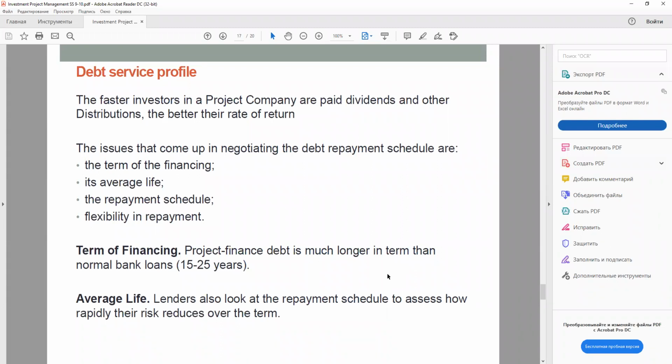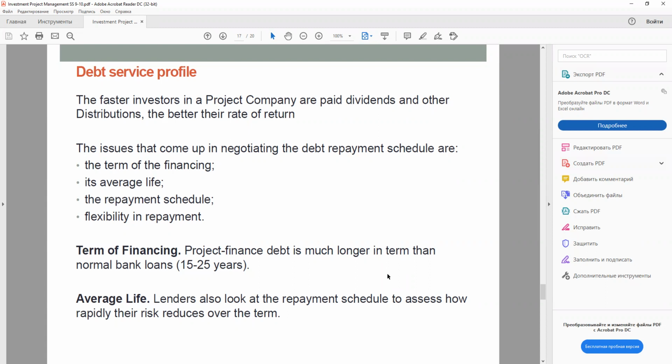However, taking account of the shorter life cycle of such projects, for example, a mining project may be as short as 5 years, but another factor here is that the leverage is usually around 50 to 50. So there is less debt to pay off.